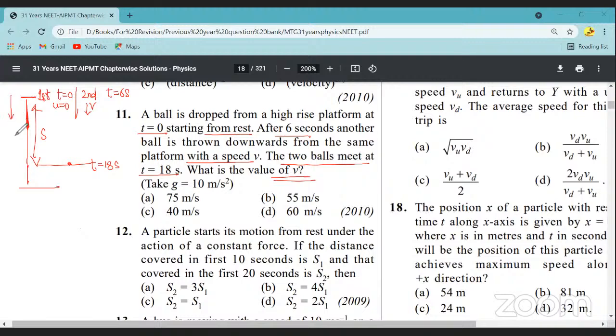I am choosing this as my positive y direction. This is my origin for both. So for the first, s will be ut plus half at square. ut is 0, half at square, which is 5t square. For the second, it will be ut plus half at square. For this, u is v. Sorry, we can put the value of t here.